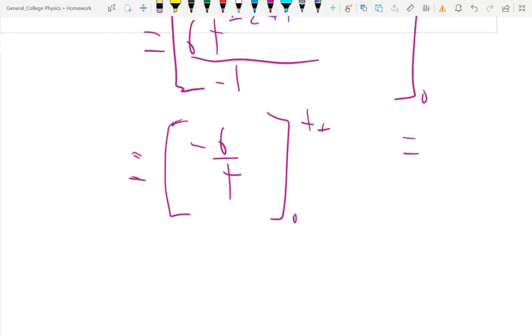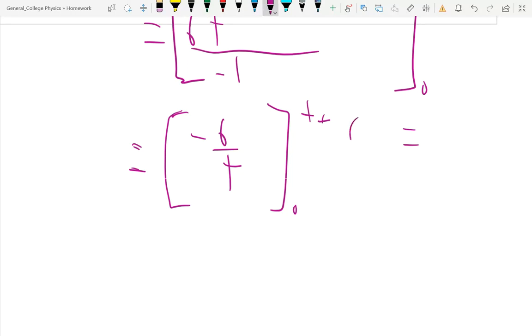Let's see what I have. I'll just say F of T then. It's equal to minus 6 over T final, because you're plugging in the upper limit, and the upper limit was T final.